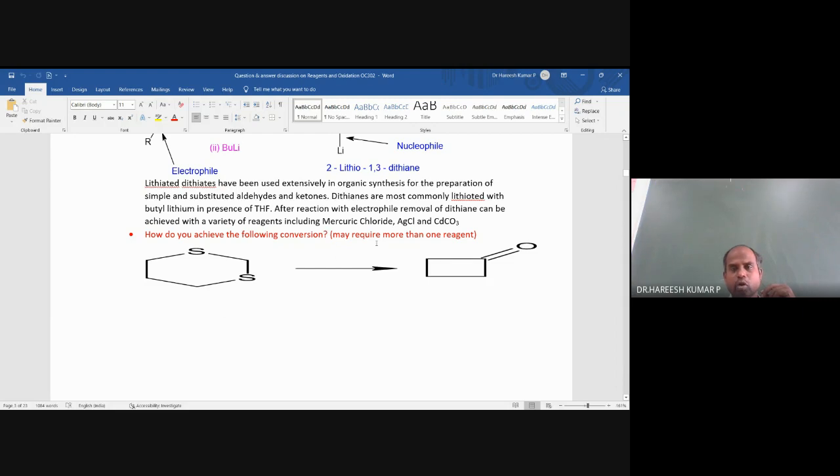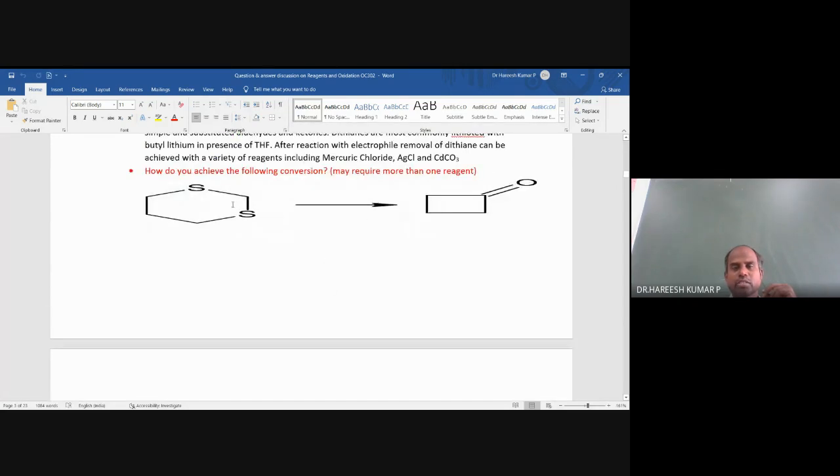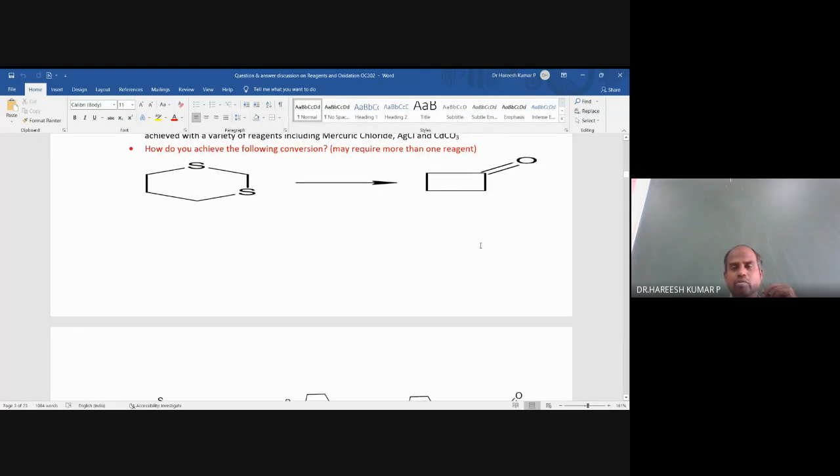In brackets it is mentioned that it may require more than one reagent. So let's look at how it is possible to convert 1,3-dithiane into cyclobutanone.